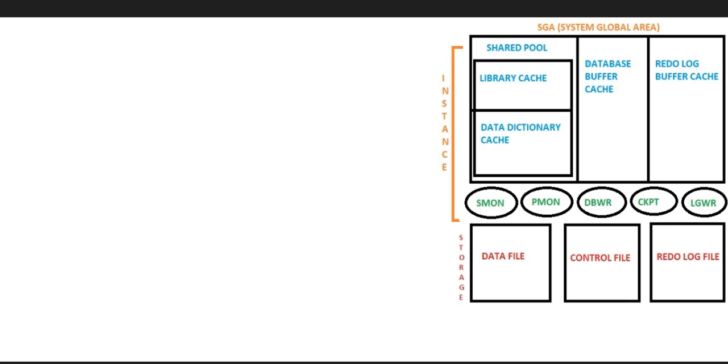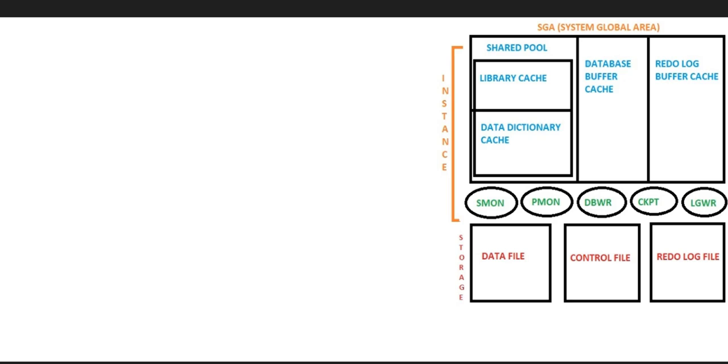There are more than 10 background processes, but the most popular are smon, pmon, dbwr, ckpt, and lgwr. Sometimes in the interview you will be asked: what is the functionality of smon, what is ckpt, what is the purpose of the database buffer cache, what do you mean by control file. These things can be asked.